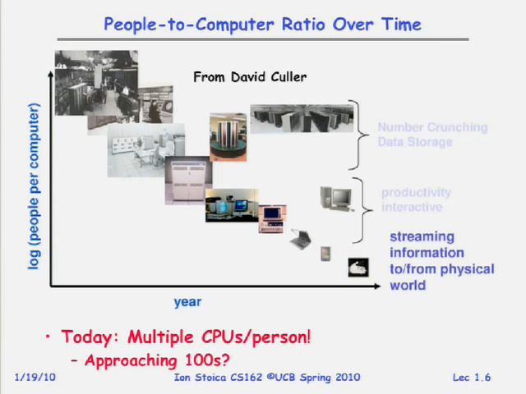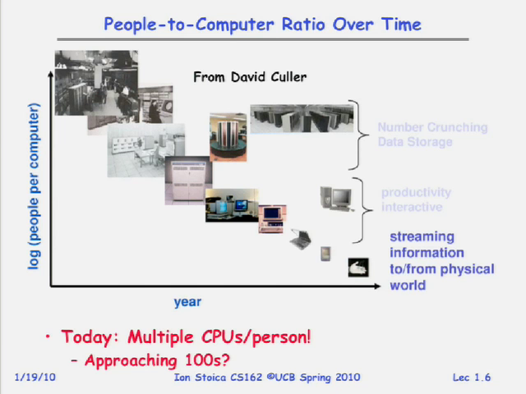The other way to look at it over time is this inverse of Moore's law: how many people per processor do you have, or the other way around, CPUs per person. Initially, 50 or 60 years ago, you had only a few mainframes, even in the entire United States, and a lot of people programming on the same mainframe.